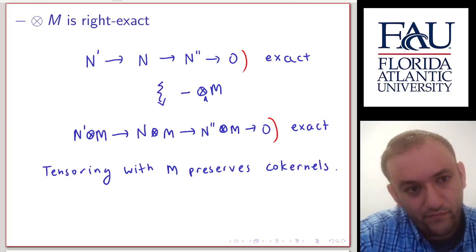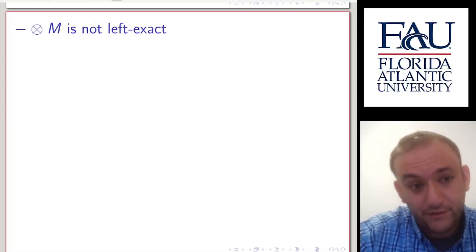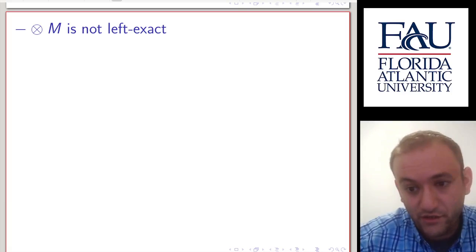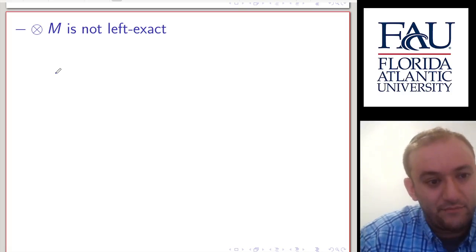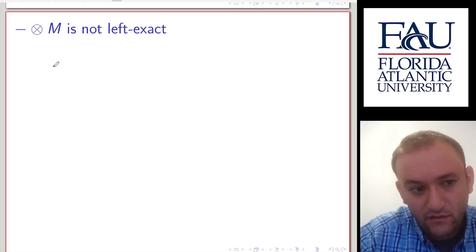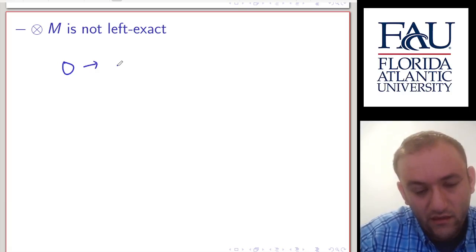On the other hand, this functor tensoring by M is not left exact. What does that mean? That we start with a sequence, an exact sequence of this type, and let's use N's.